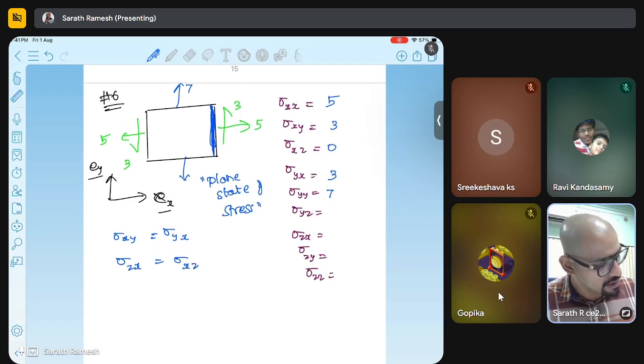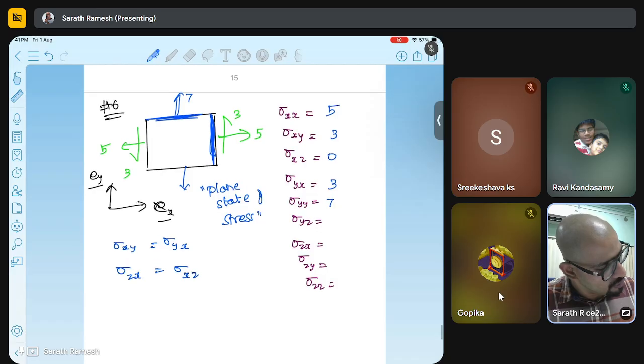So this is 7. Yy means along the y plane in the y direction. Is there any mistake? Yx is... okay, this is going like this, this is going like this.